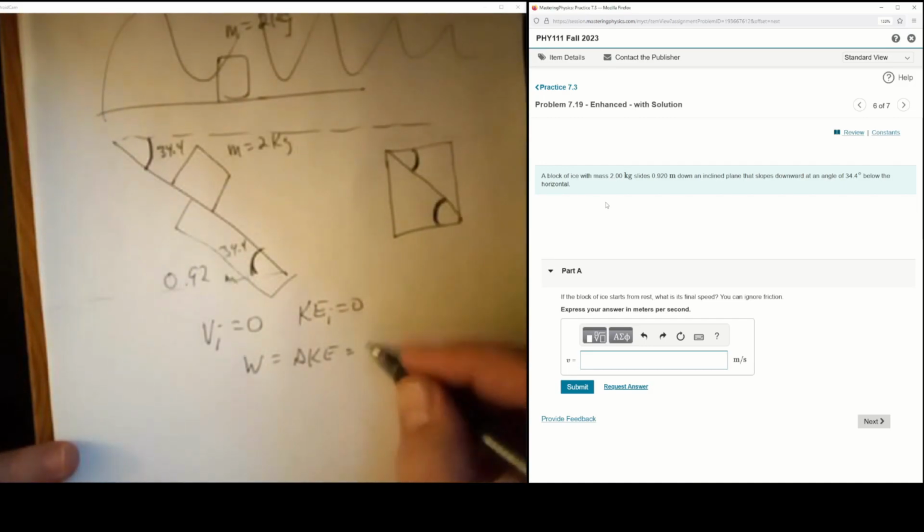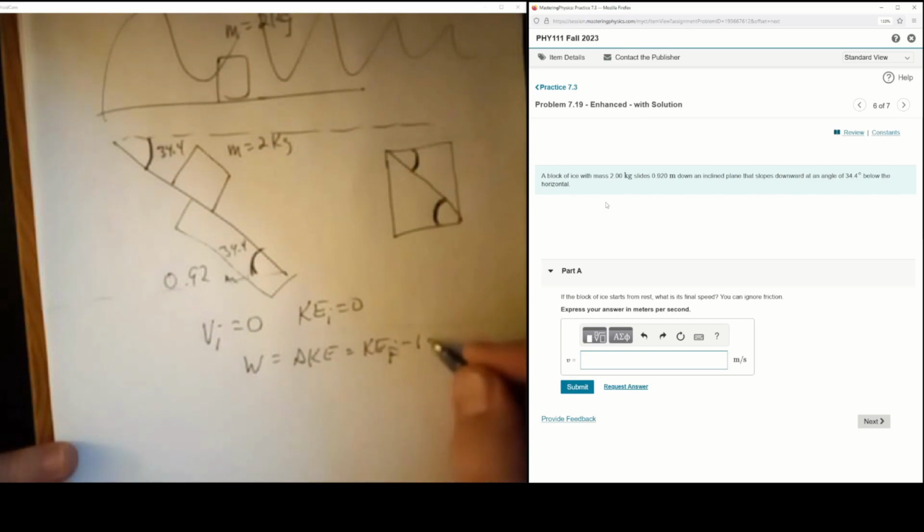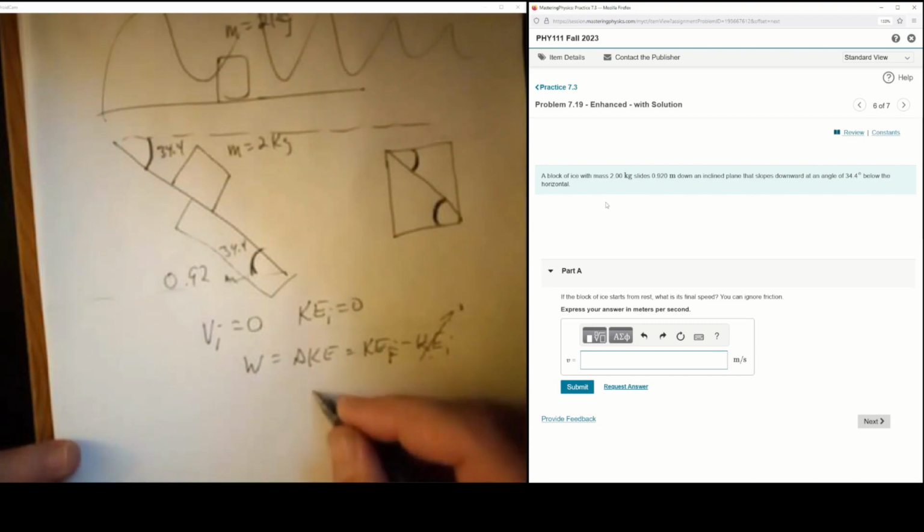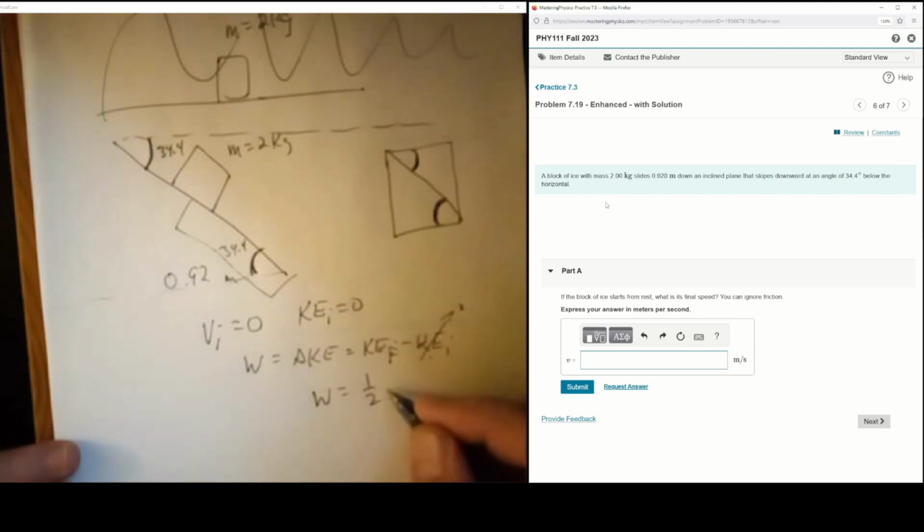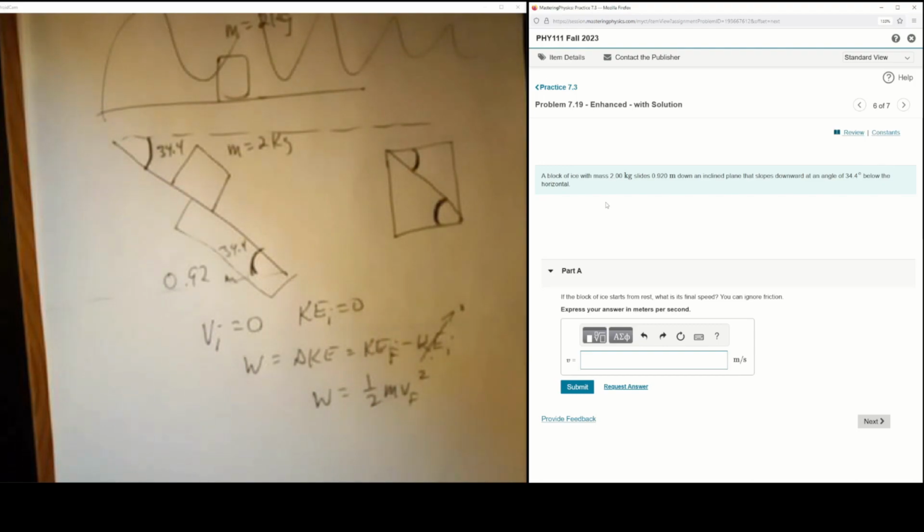I'll just do final minus initial, because we know the initial is 0, because it's starting from rest. So work is equal to just 1/2 mv final squared. And v final is what they want. They want to know, what is that final speed?